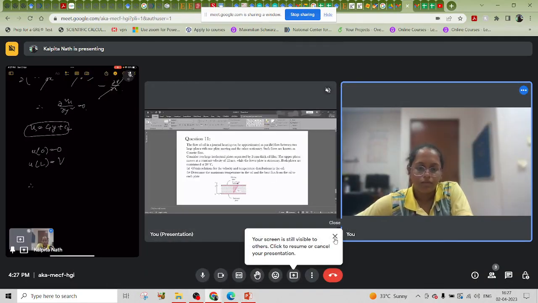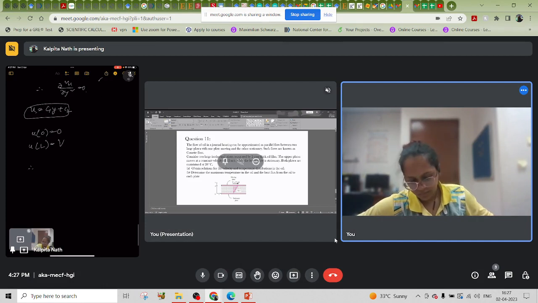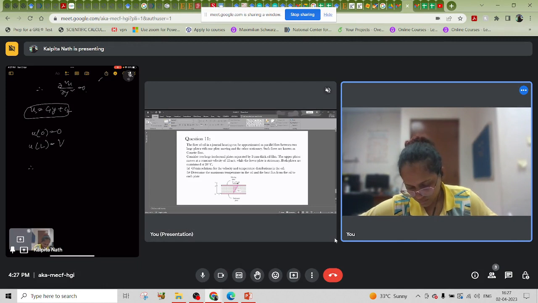Then the frictional heating due to the viscous dissipation in this case is significant because of the high viscosity of oil and large plate velocity.